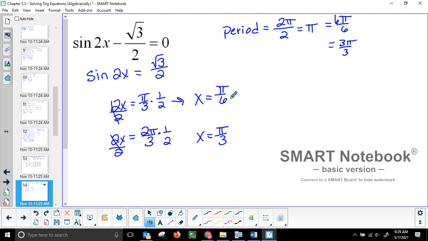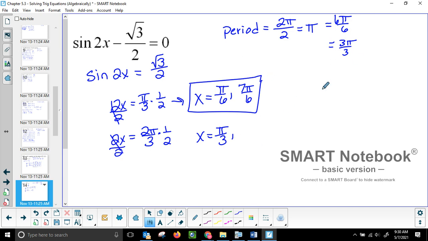You just want common denominators. So here, when I add pi, I'm going to get 7 pi over 6. If I try it again, I'm going to get 13 pi over 6. 13 over 6 is bigger than 2, so that's as far as we can go.